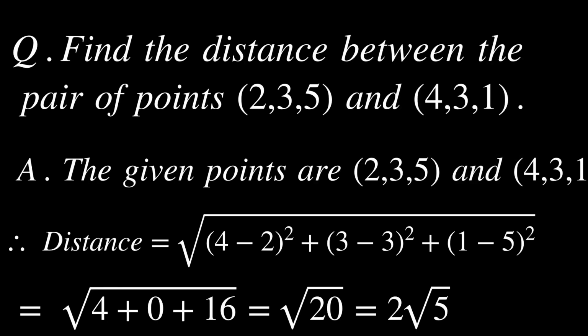So in this question the required distance is given by square root of (4 minus 2) the whole square plus (3 minus 3) the whole square plus (1 minus 5) the whole square, which is equal to square root of 4 plus 0 plus 16, which is equal to square root of 20. So on simplification we get 2 root 5.